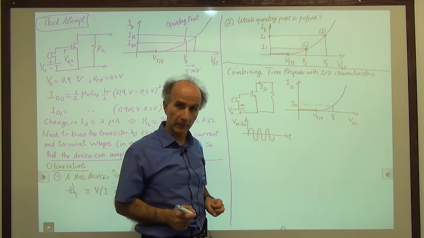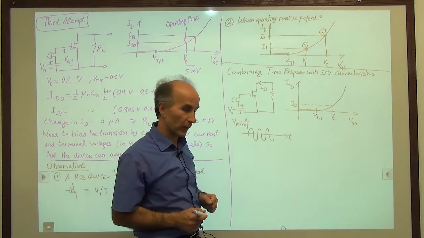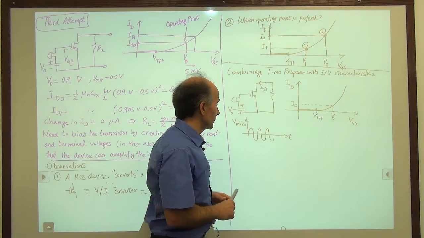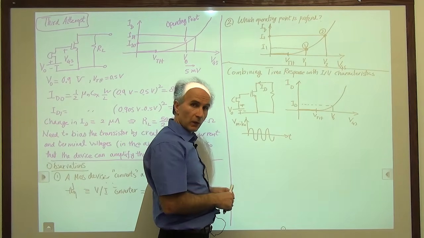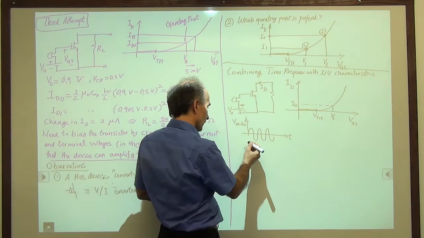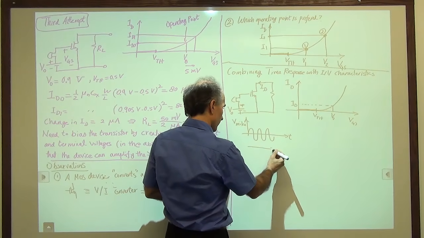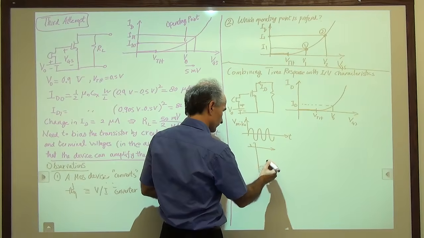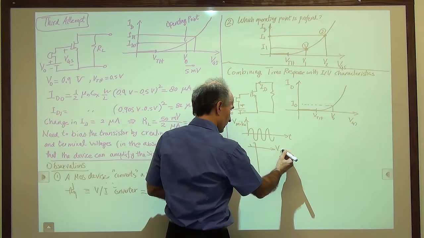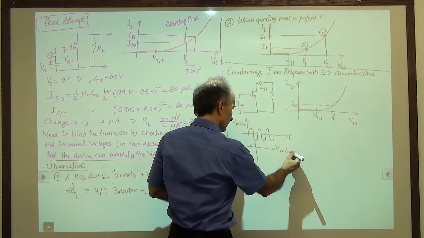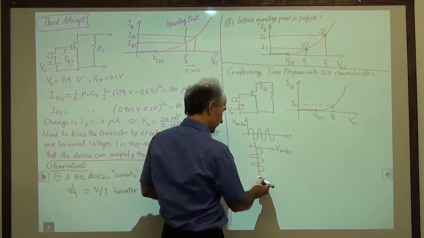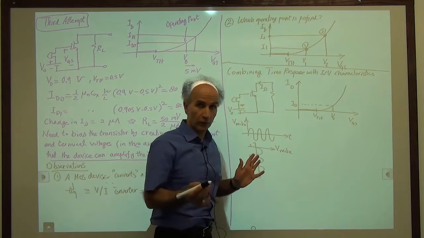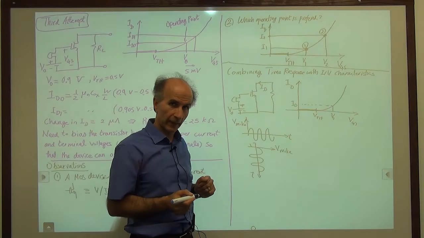So let me explain what that means. Okay, so what I will do is I will rotate this by 90 degrees clockwise. So I get this. So that's V mic, and this is the signal, and this is T. So far so good? Okay.